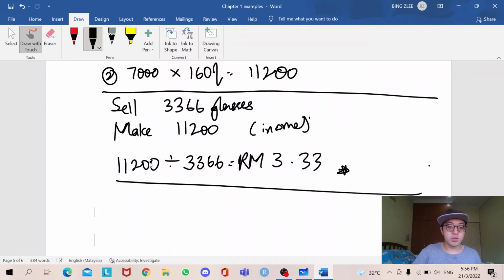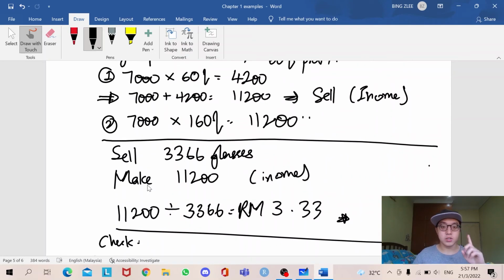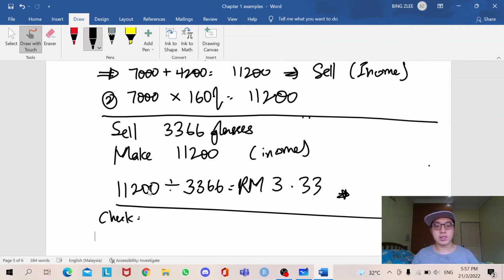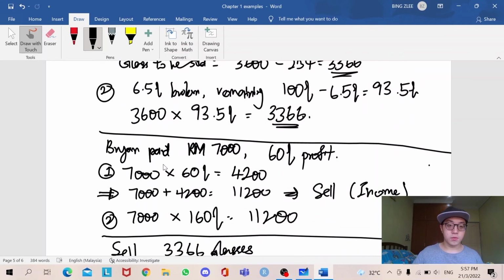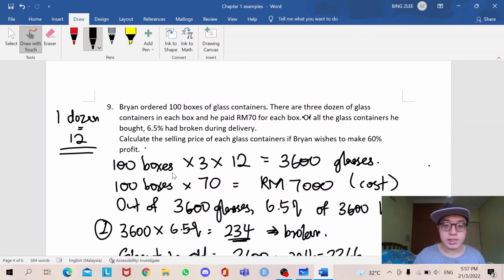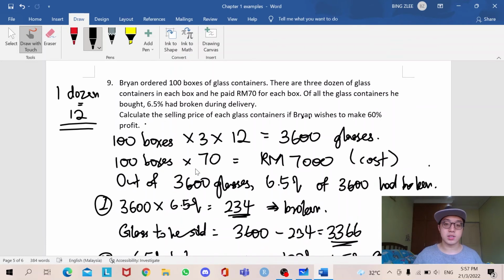So if you want to double check, this is to check if RM 3.33 is higher than your cost price, because you must make sure that your selling price is always higher than your cost of buying in. So from up here, he paid 70 ringgit for each box, and in every single box there are 36 glasses.